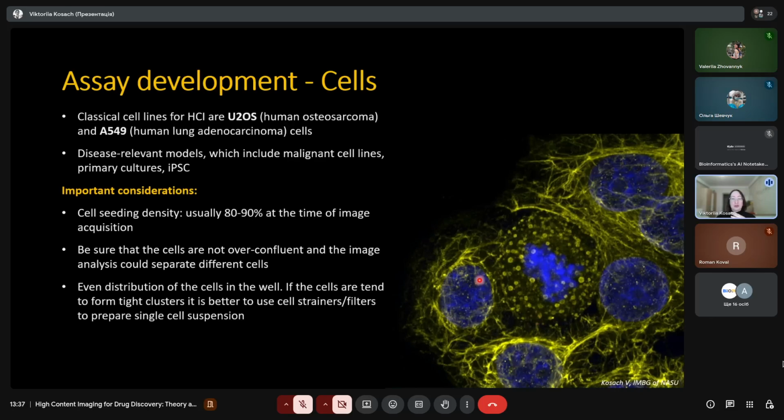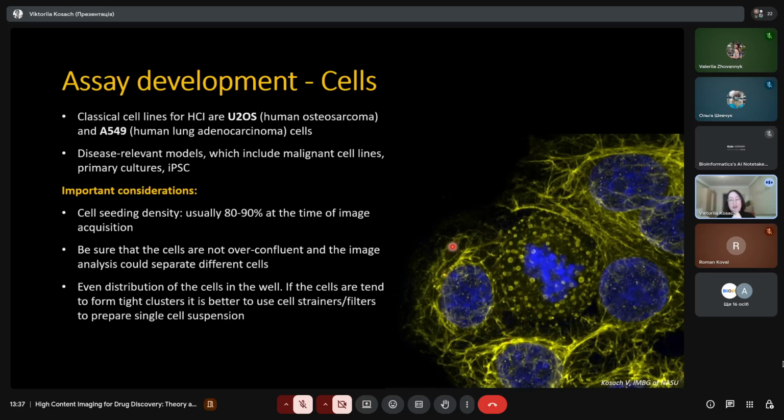Because, for example, with overconfluent or 100% confluent cells, the shape starts to change. And also in such a situation, your image analysis would not be able to detect separate cells.